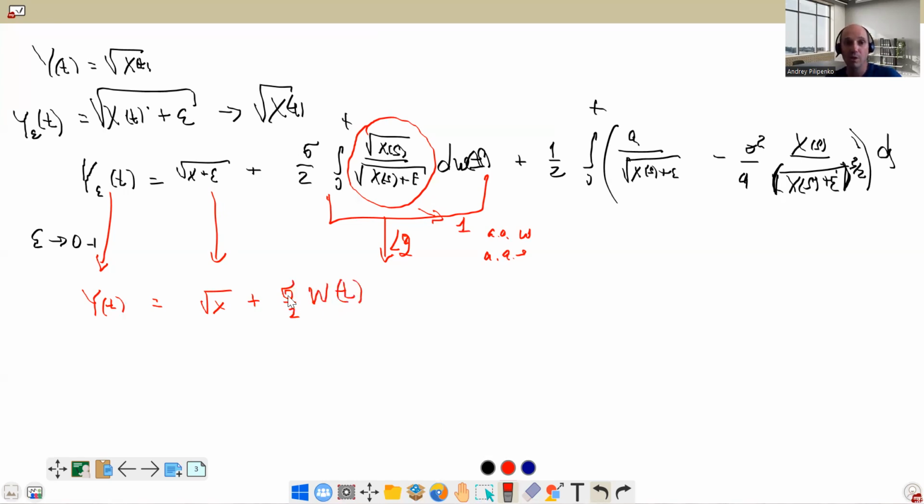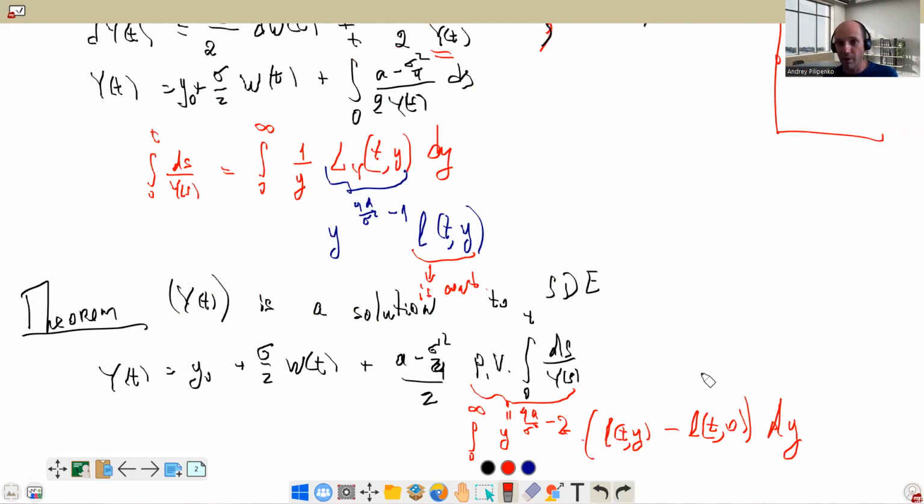So there is a limit in probability of this. And the question is, what is the limit? We know this limit exists, and we want to describe it. If we prove that the limit of this is equal to this integral, then we are done.